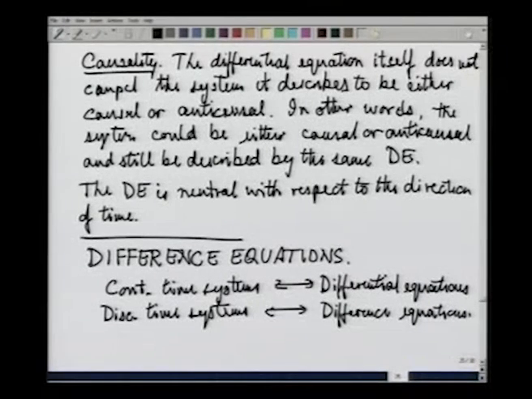Furthermore, if you confine yourself to linear time invariant discrete time systems, then you would naturally confine yourself to what are called linear constant coefficient difference equations.